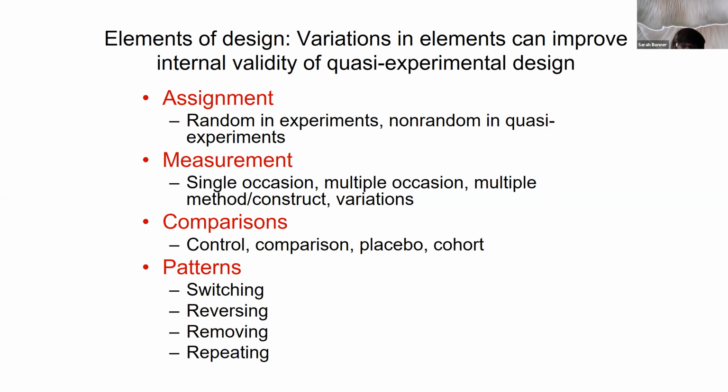Trochim, in the knowledge base for research methods, talks about pattern matching, which is basically making complex hypotheses about outcomes, hypotheses that are hard to support, so that even if you have not that strong a design, your hypotheses are so unlikely to be confirmed by chance that they are more likely to be due to causation, or that will be your claim.